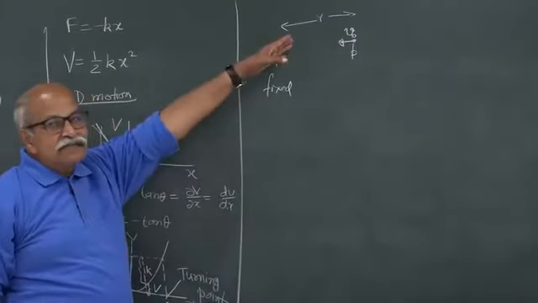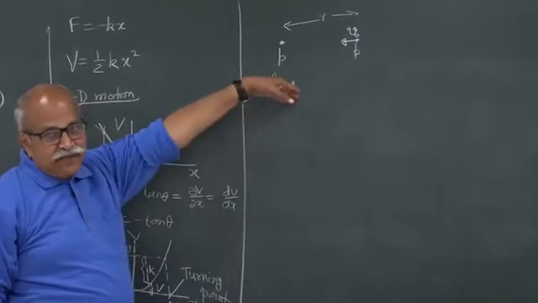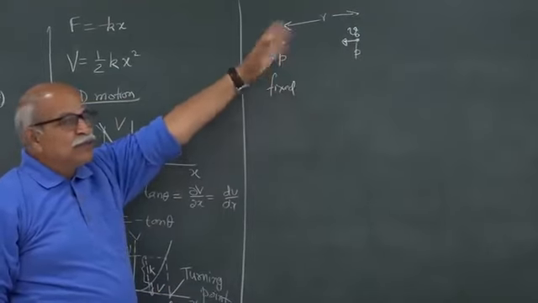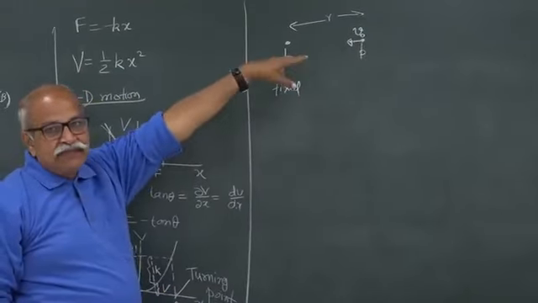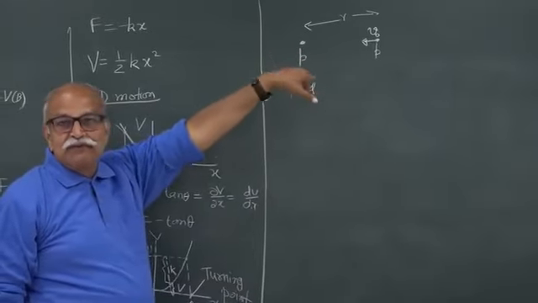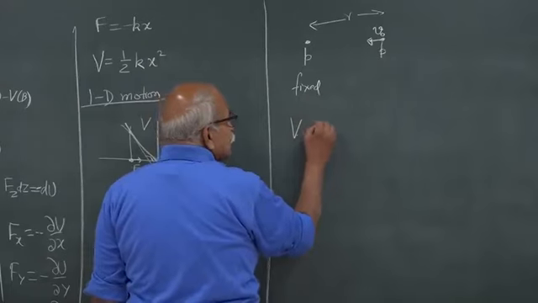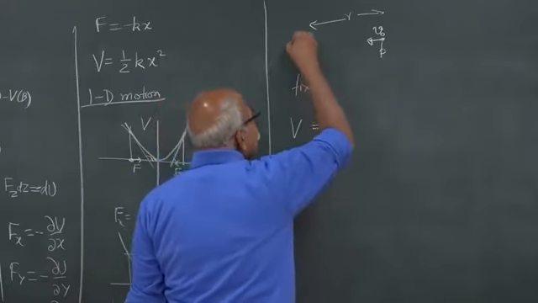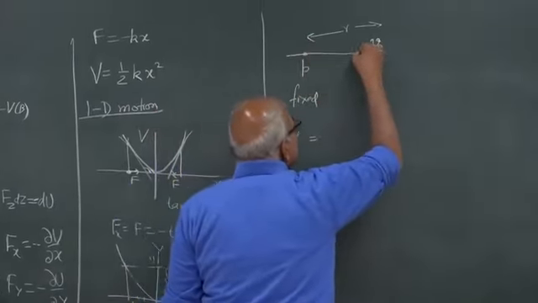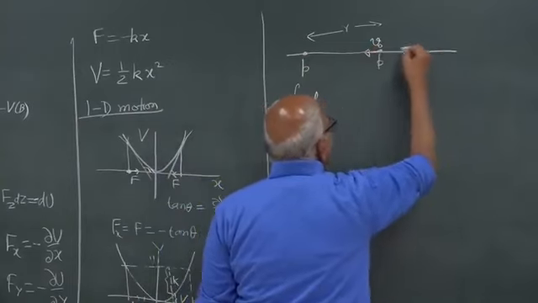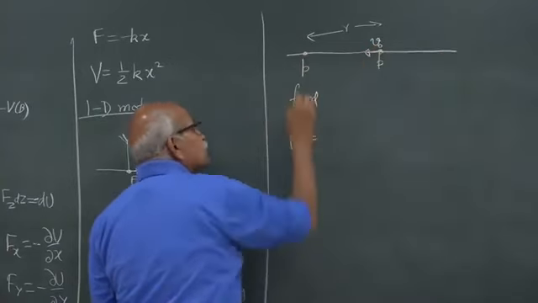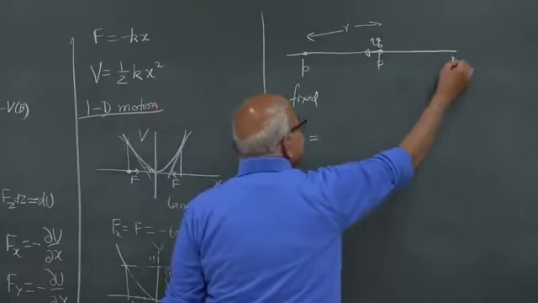As a function of distance, what is the potential energy? You know that, right? If you have two charges q1, q2, the corresponding potential energy is q1 q2 divided by 4 pi epsilon naught r. Let me say the entire motion is on the x axis. It is heading towards this proton and I am taking this as the x axis.